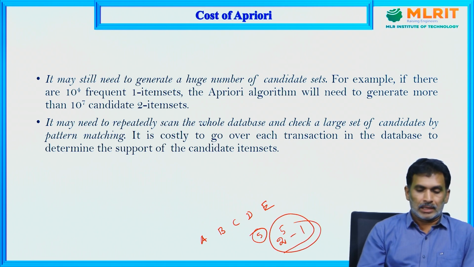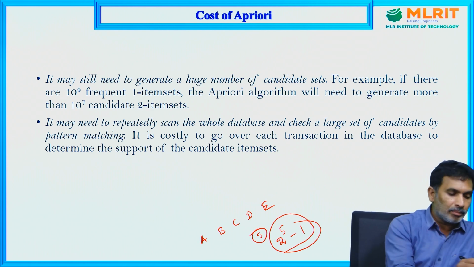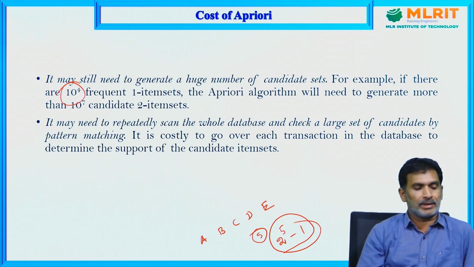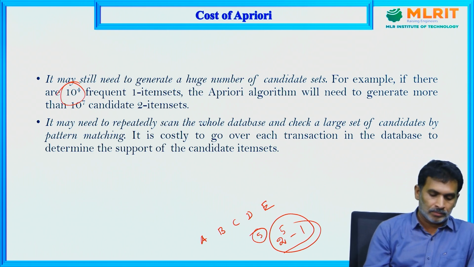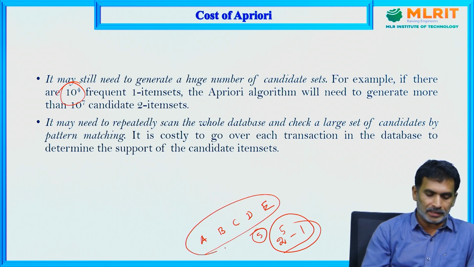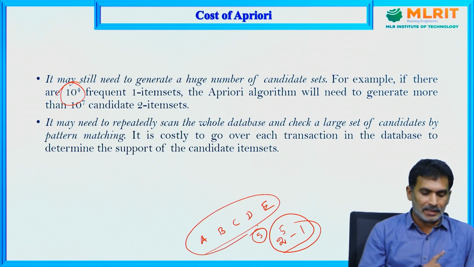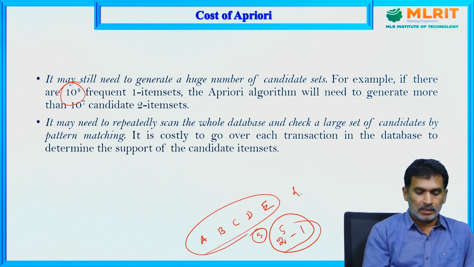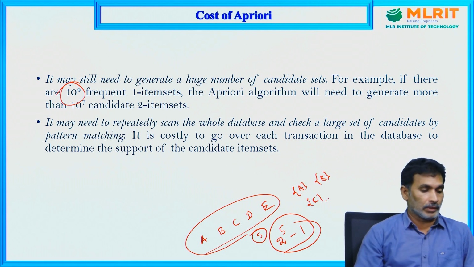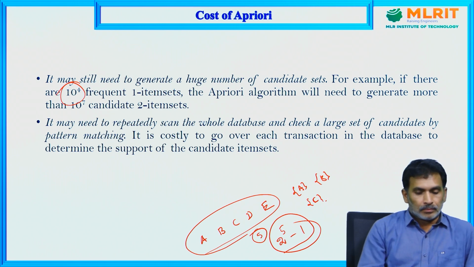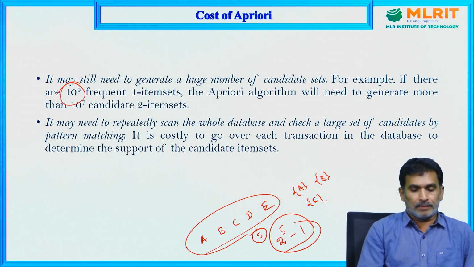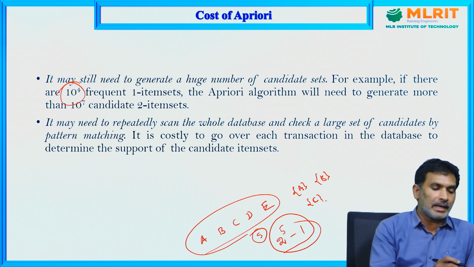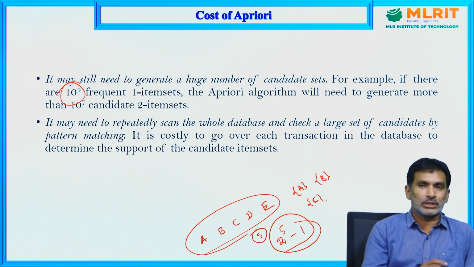But if there are 10 to the power of 4 frequent one item sets, that means these are all frequent one item sets, because each item set has one item, like A, this is one item set, B and C, and so on. So the Apriori algorithm will need to generate more than 10 to the power of 7 candidate 2 item sets.